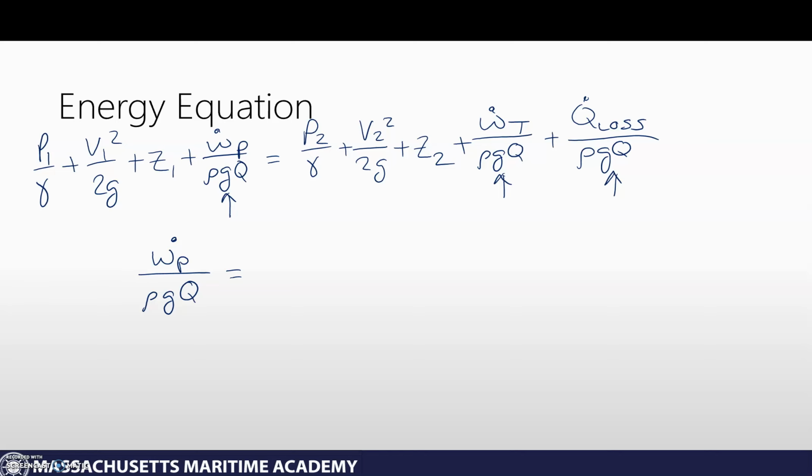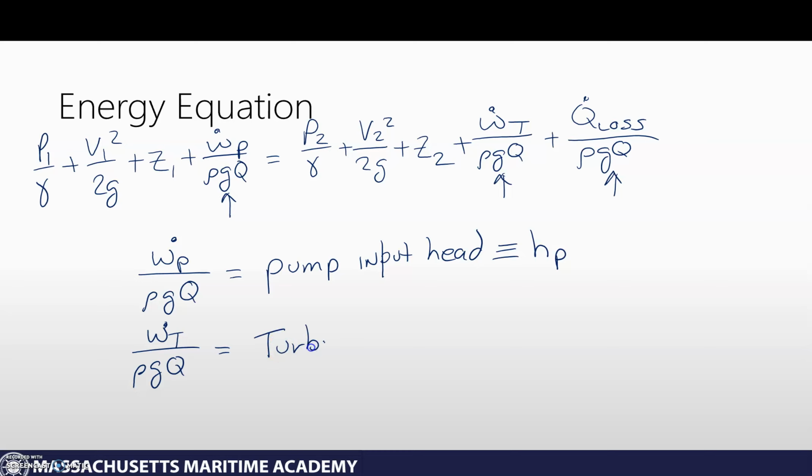And so what we're going to do is call this the pump input head, or just the pump head, and we're going to define that as H sub P, the head of the pump. We're going to do the same thing with the work of the turbine. It's going to be over rho g Q, and that's going to be the turbine head extraction. We will define that as H sub T.